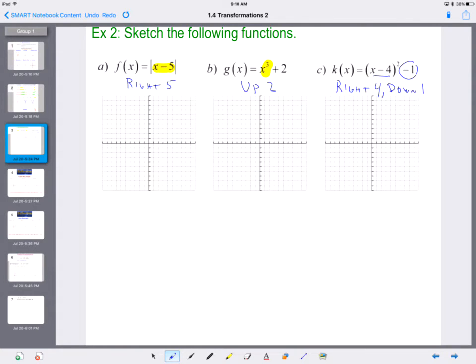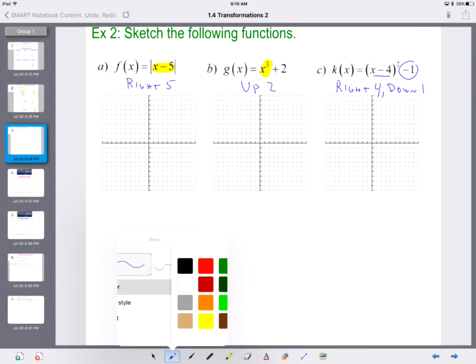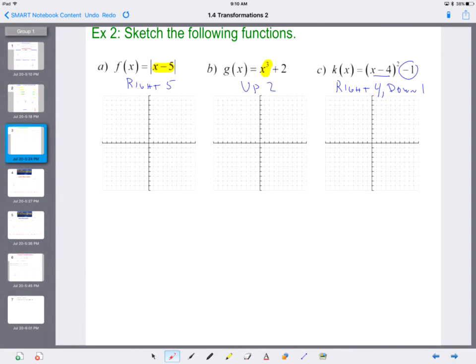And so, for example, let me just kind of pick one of these to graph so you can see. Go with b. The cubic, if you remember cubic, plug in 0, you get 0, plug in 1, you get 1, plug in 2, you get 8. So I'll go ahead and graph the parent function so you can see it. And then I'm going to change colors.